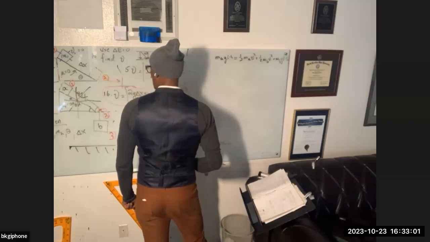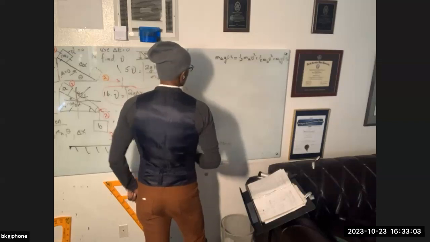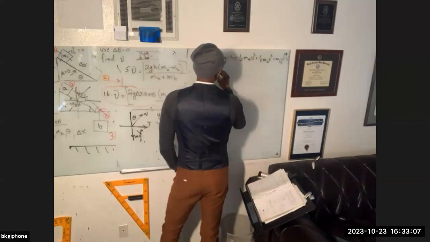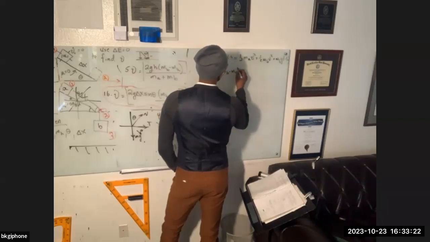But where did that sign come from? So then this is just going to be g h times m_B minus m_A.